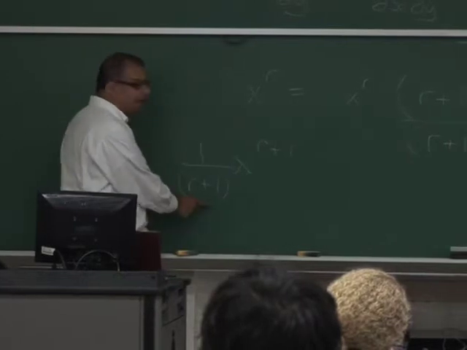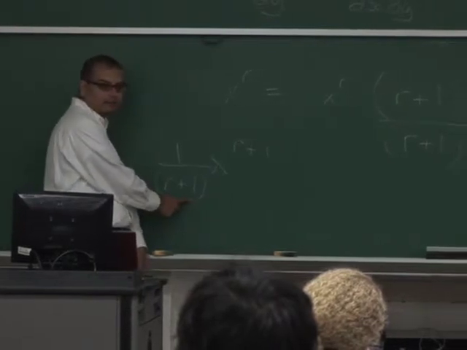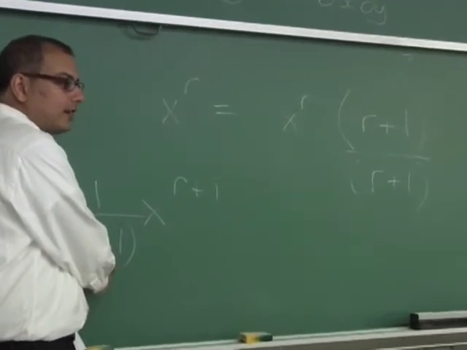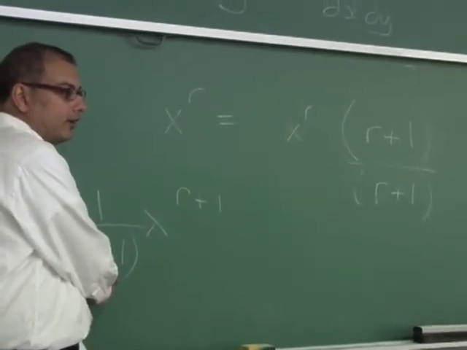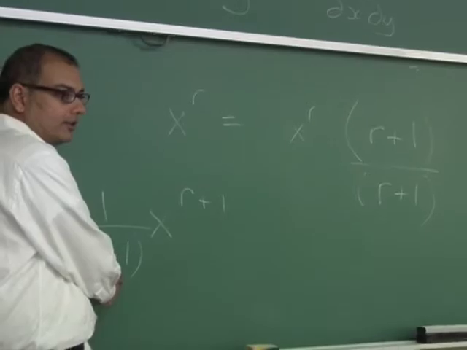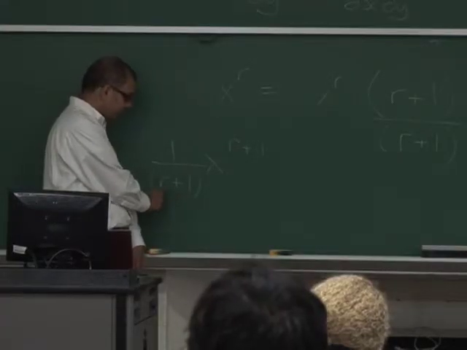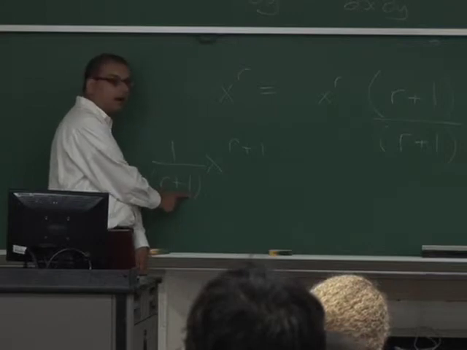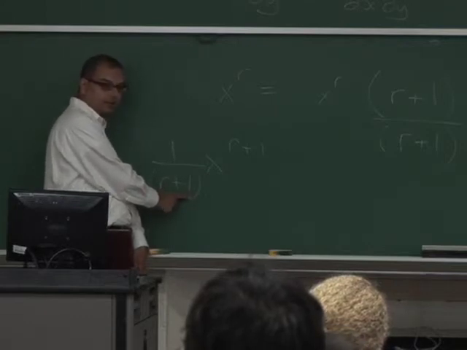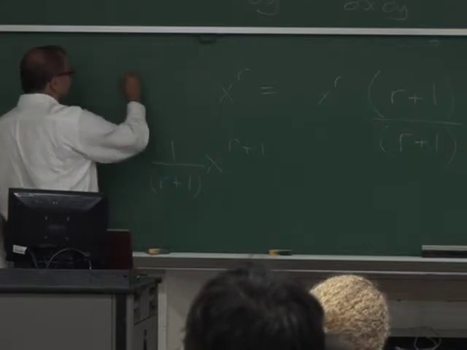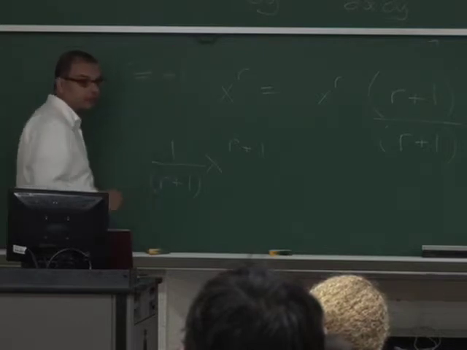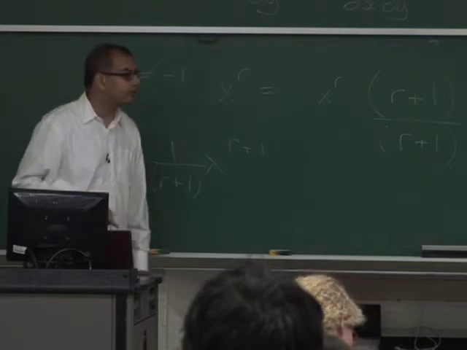Because you're dividing by r plus 1, right? Well, what can you not divide by in our numerical imagination? By 0, right? So if r happens to be minus 1, then you can't carry out that division, which is why we're excluding the case that r is equal to minus 1. Okay, that was your question, right?